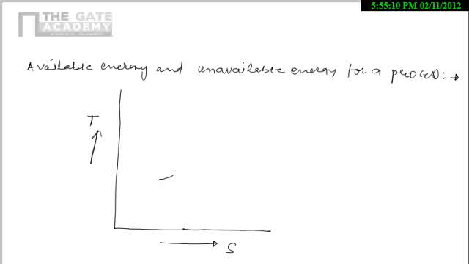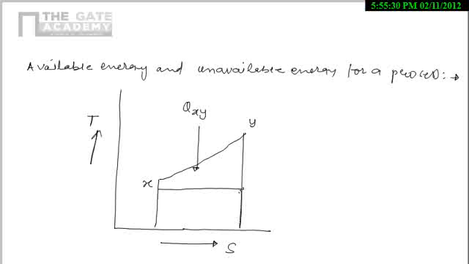This one is the process XY, in which we are supplying heat QXY. For this process we have two parts: available energy and unavailable energy. The part I am showing by dotted line is unavailable energy.